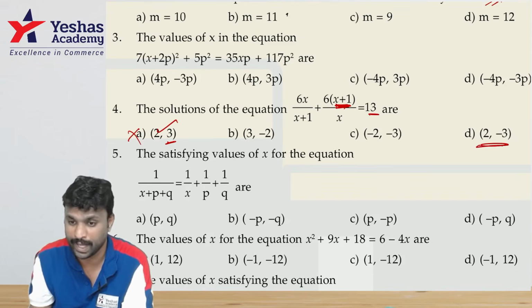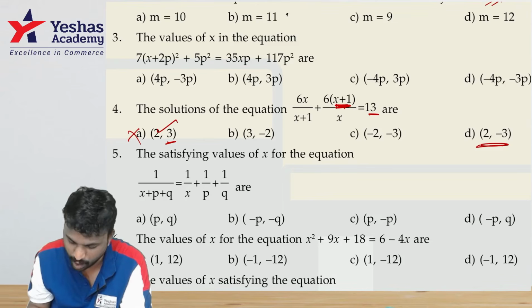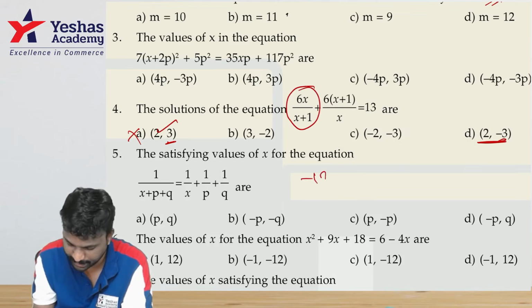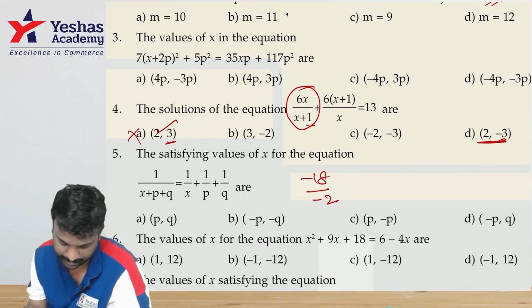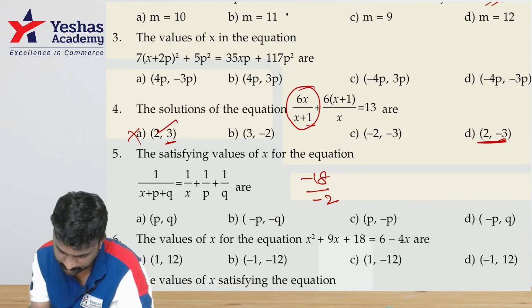Now we have to hit X value as what? Minus 3, and check whether it will satisfy or not. Yes or no? So X value is minus 3. If I hit 6 into minus 3 is minus 18 divided by minus 3 plus 1 is minus 2. Correct? Minus 18 by minus 2, it's 9. Minus 3 plus 1 is minus 2.